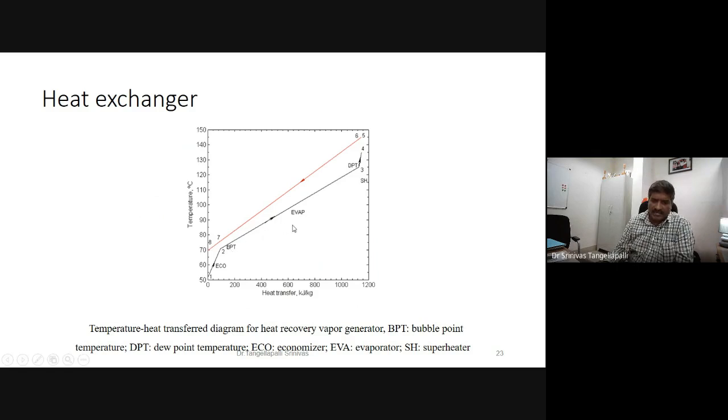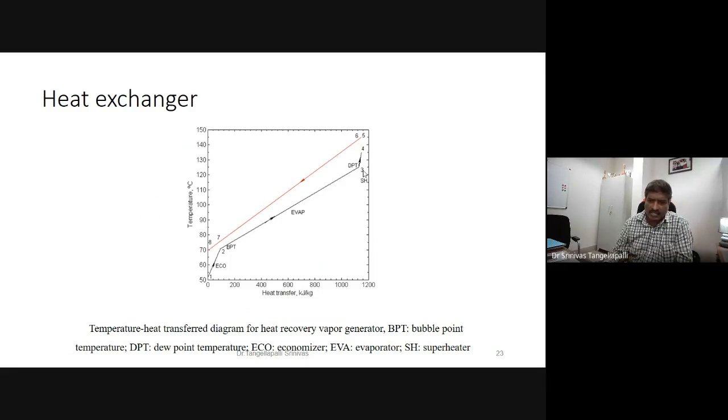That's why the temperature is not constant, because of the binary fluid system nature. The starting temperature for the phase change is the bubble point temperature, and the ending of the phase change is the dew point temperature. You can see that, like sensible heat transfer, latent heat transfer also occurs with a variable temperature, not a constant temperature like a single fluid system.